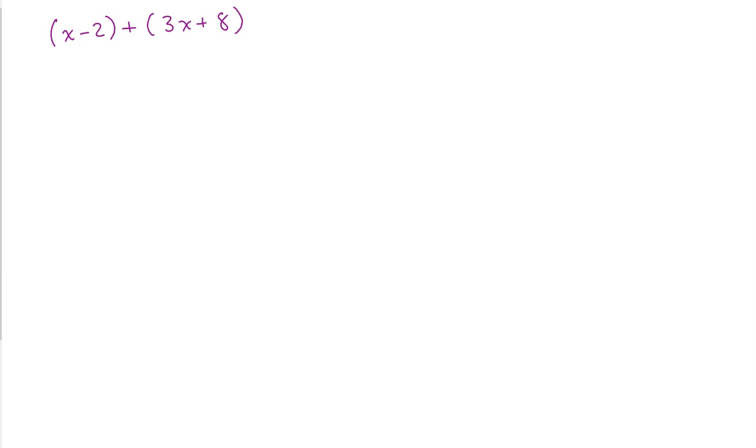A vertical method is going to look like our traditional adding when we stack our terms. So we're going to stack these terms and see what we do. So we have x minus 2, and we are adding 3x plus 8. So just like that, we're stacking them.